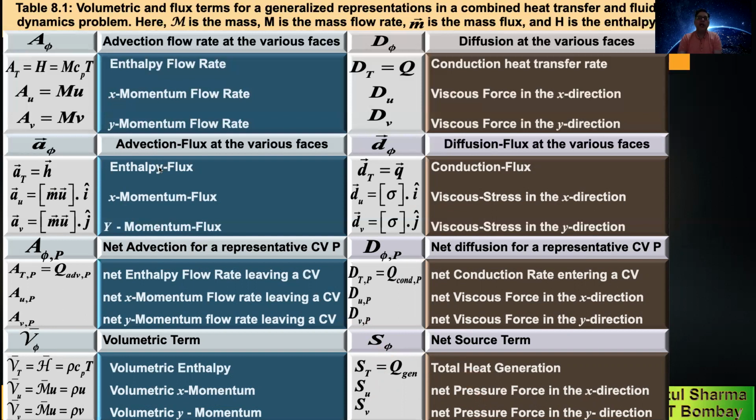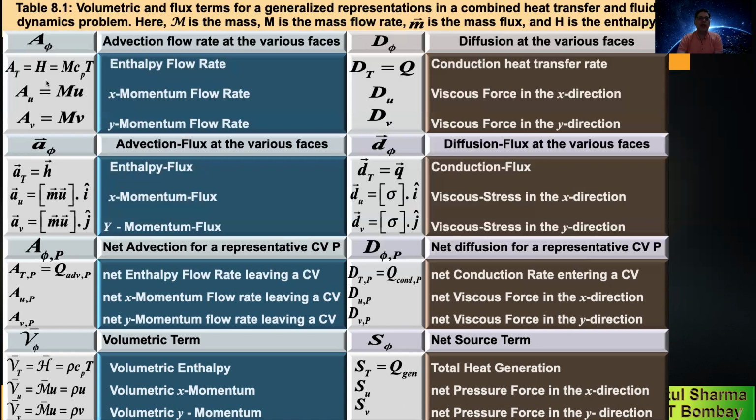I had mentioned that there are two types of variables you encounter: the flux term and the volumetric term. Before I start this topic, this slide presents in detail in a tabular form the various symbols that are used for the generalization, and you need to spend some time getting comfortable with what the various symbols are representing.